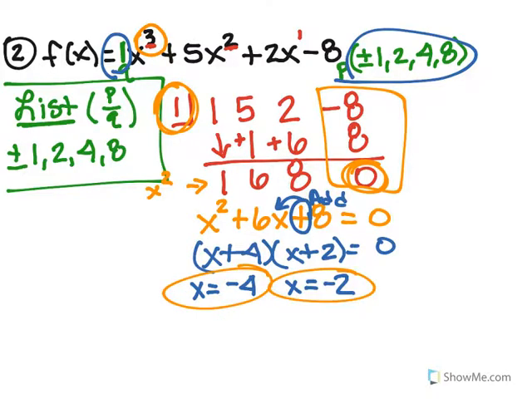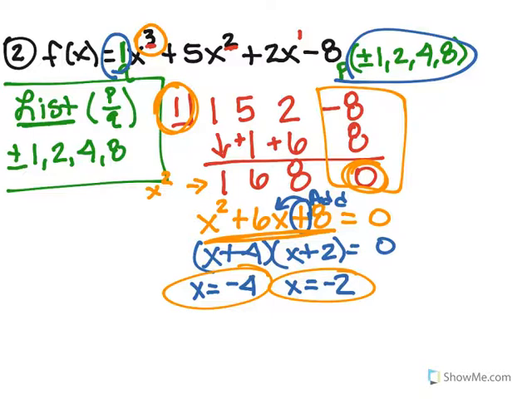Now, you might be wondering, okay, what if I would have played with -4 first? It would have worked in the synthetic division. Then your trinomial right here would divide into 1 and -2. It's going to produce the other two answers. So these three numbers are the only numbers that are going to work.